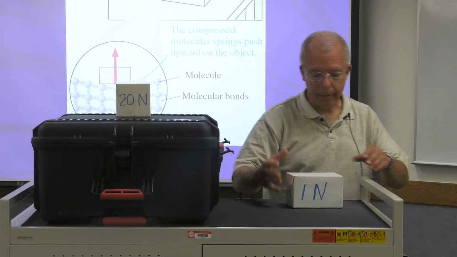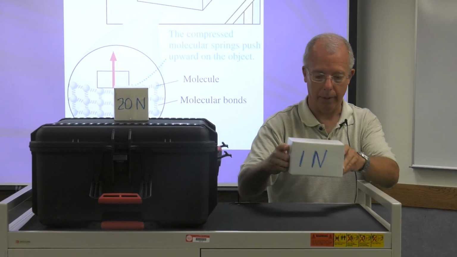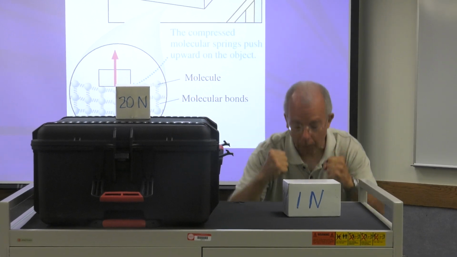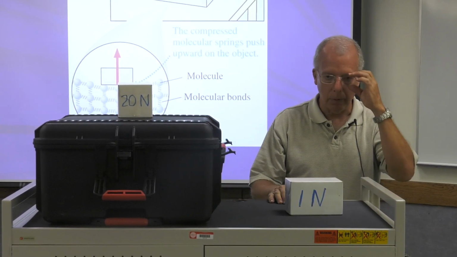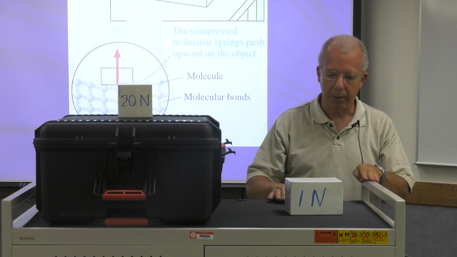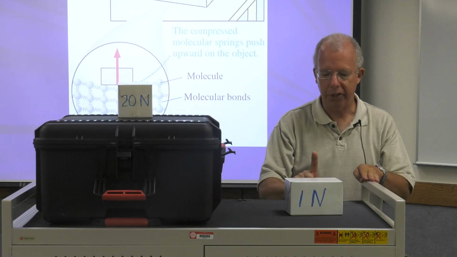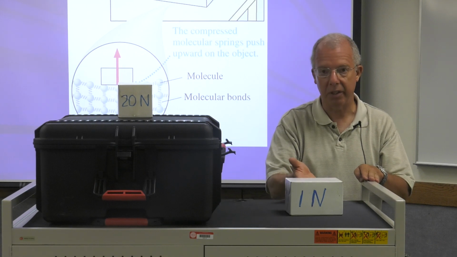Just pretend this object has a weight of 1 Newton. So Earth is pulling down on it with a force of 1 Newton. What is the magnitude of the normal force that this cart surface is exerting up on this object? Well, what's the acceleration of this thing? 0.